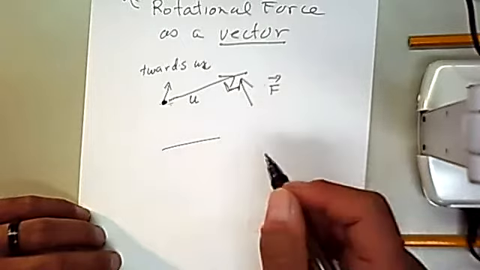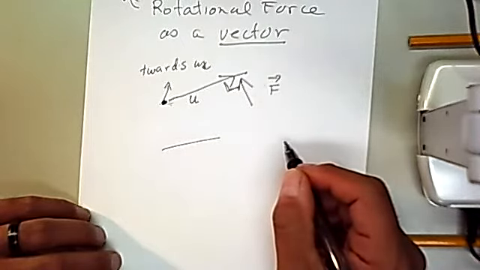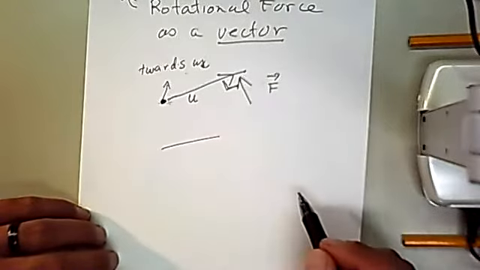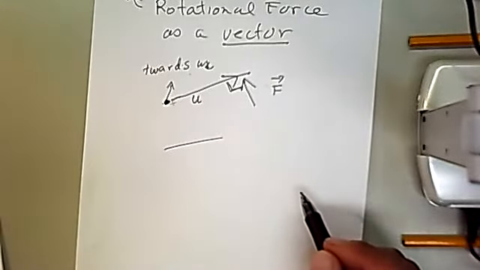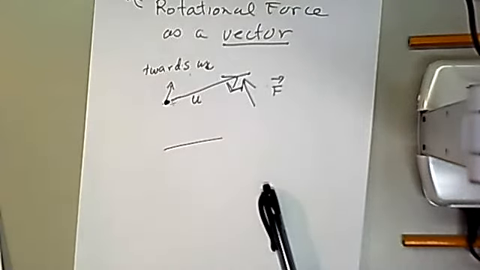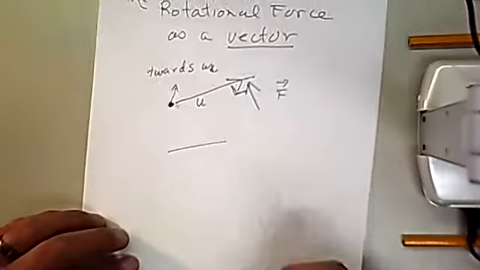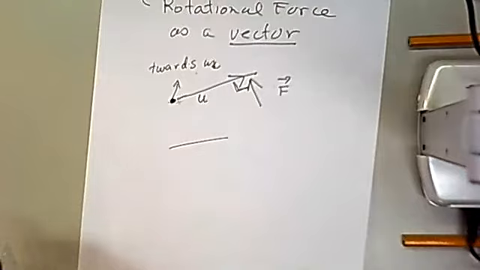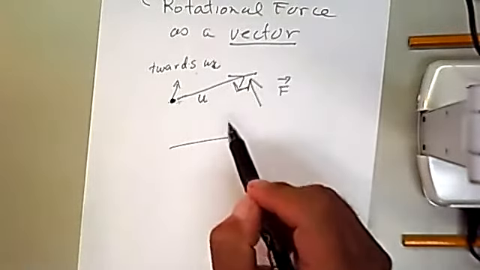We got to multiply u cross f to get this direction. All right, I'm back. The only reason why I paused is because I wanted to make sure my directions were correct, and they are indeed correct.